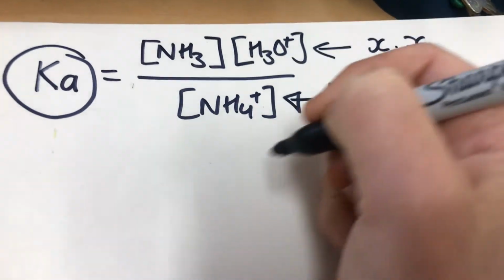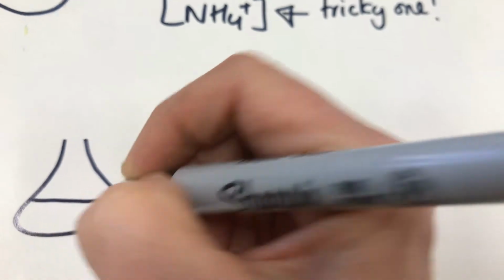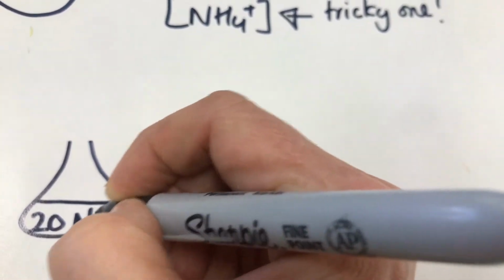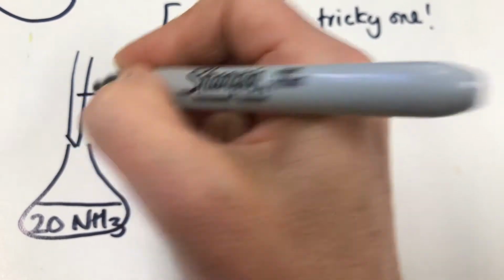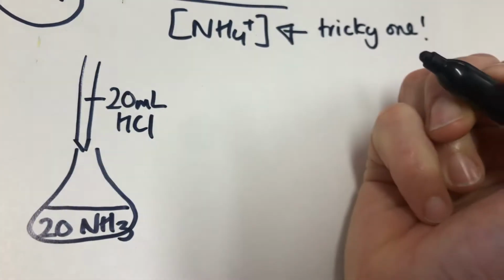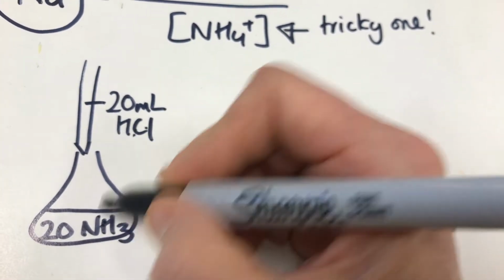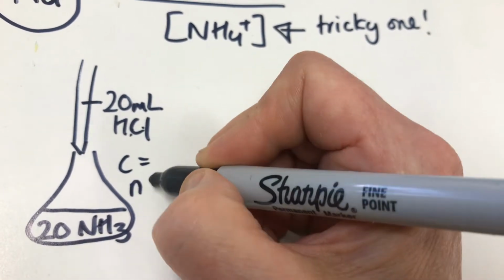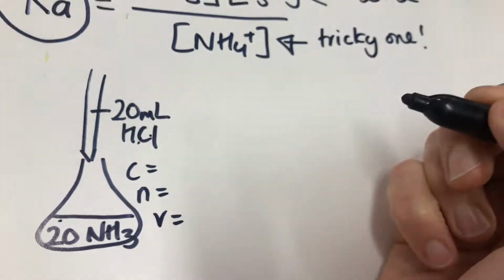So remember what we've just said is that we started with 20 mils of NH3, and we've just worked out that we were going to add 20 mils of HCl to get to the equivalence. Remember we said the concentrations were the same, and at equivalence the number of moles is the same, so therefore the volume is the same, right? We've got the same volume.